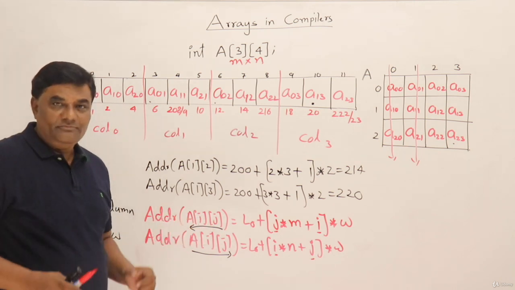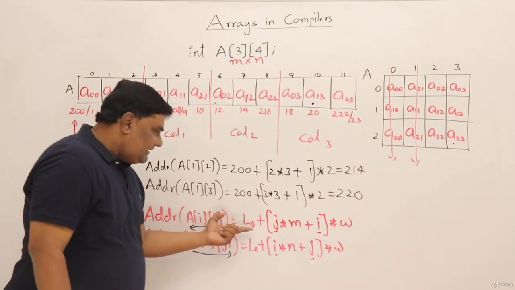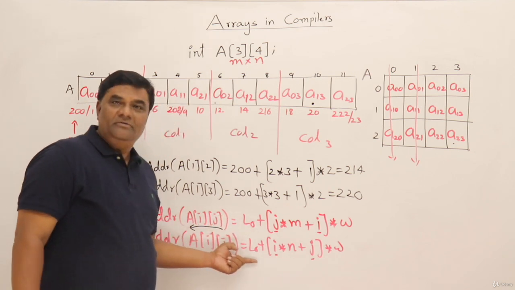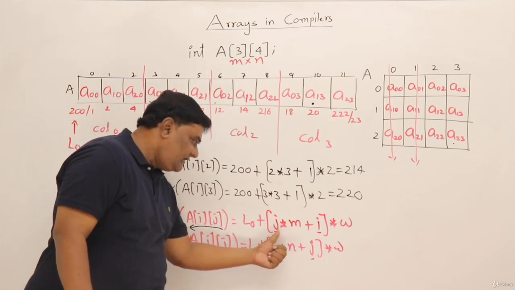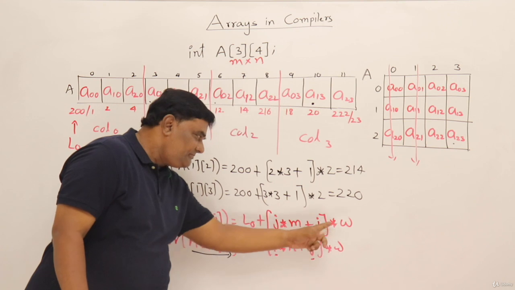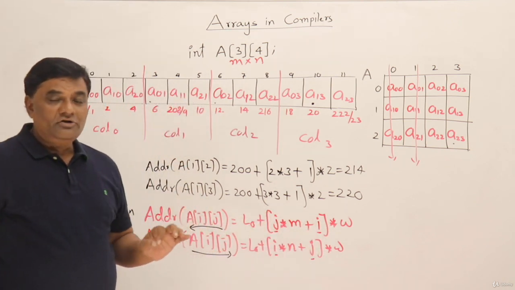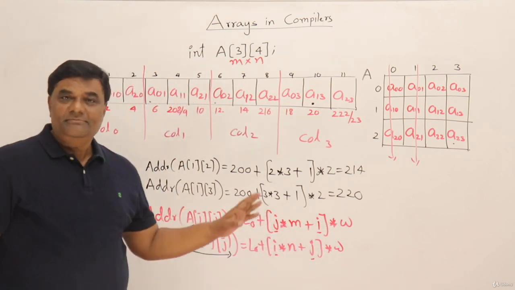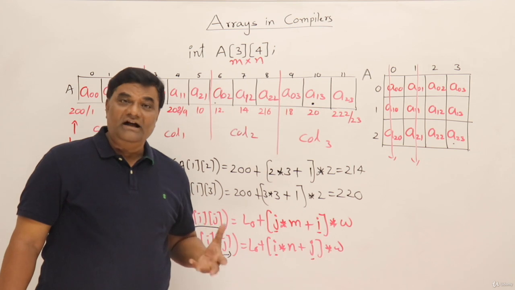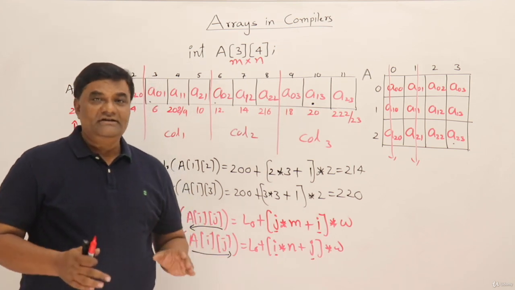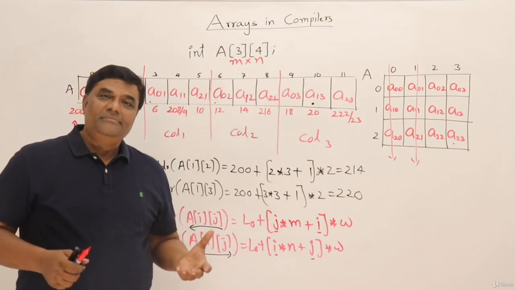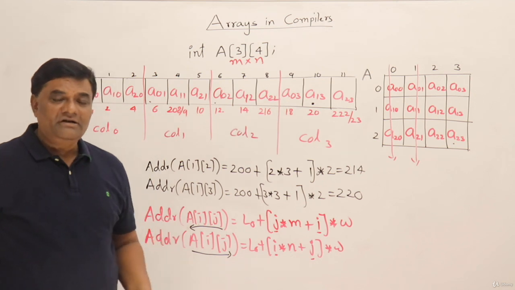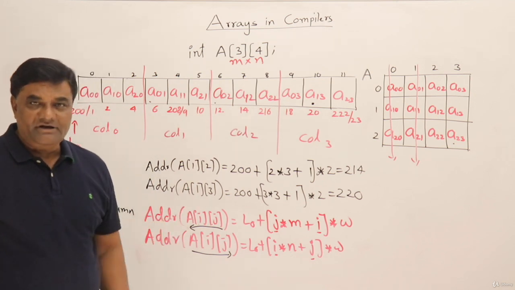Now let us observe one more thing here. See, these 2 formulas, how many operations they are having? Plus, plus, multiply, multiply, plus, plus, multiply, multiply. So both the formulas are having same number of operations. So in terms of time, both are equally efficient. So a compiler may follow row measure mapping, or it may follow column measure mapping.